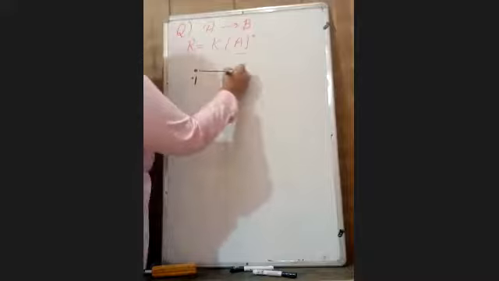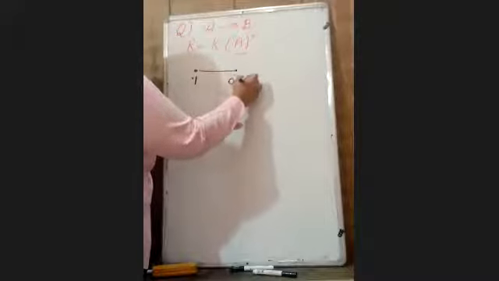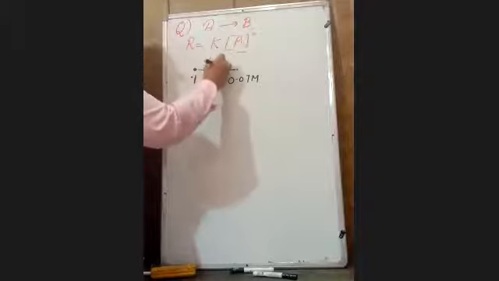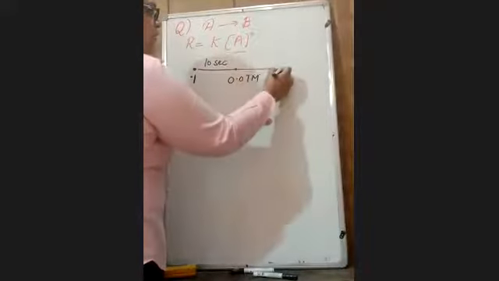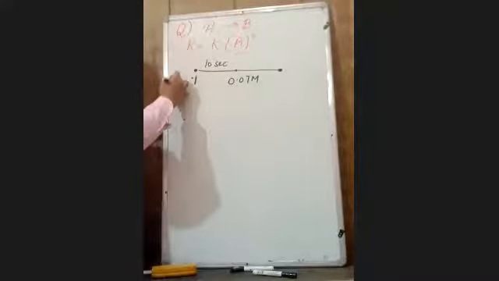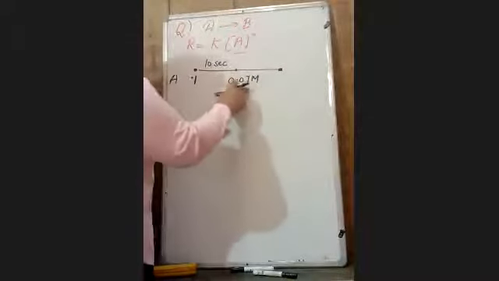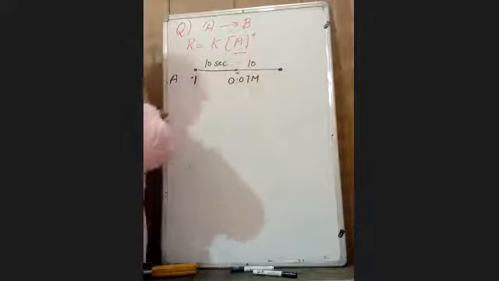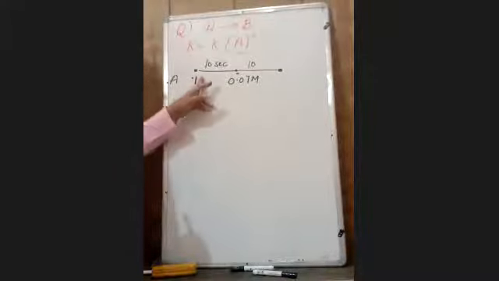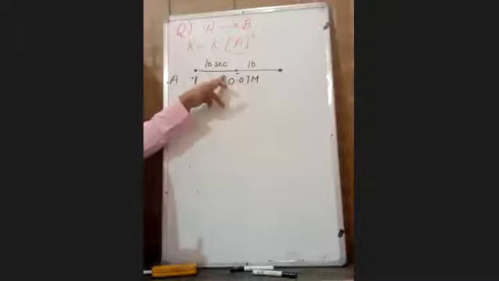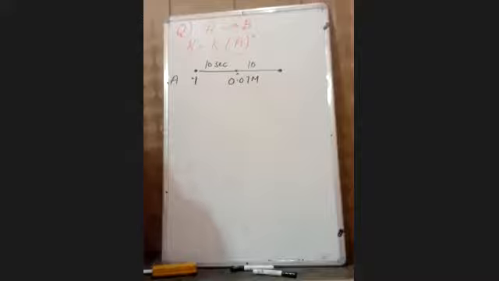It decreases to 0.07 mole in 10 seconds. What will be the concentration of reactant A after 10 seconds from this point? I repeat, I start from here. The concentration of reactant is 0.1 molar. It decreases to 0.07 molar in 10 seconds. What will be the concentration of reactant after 10 seconds?